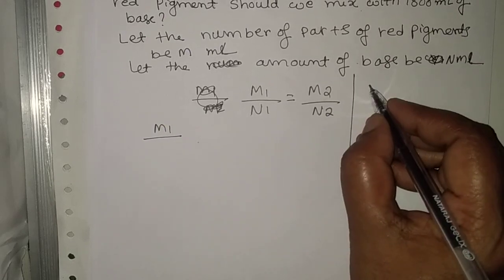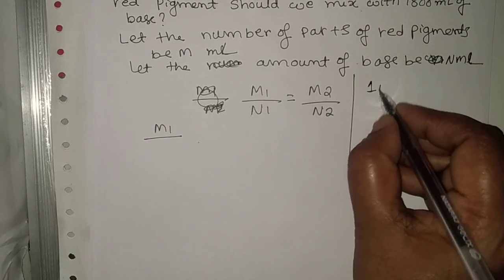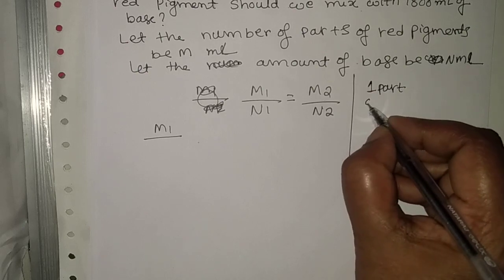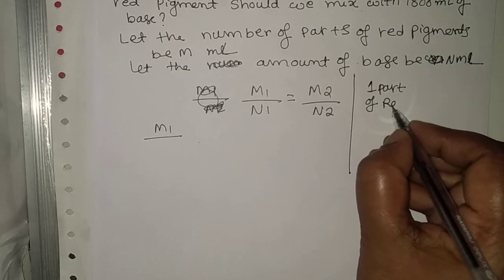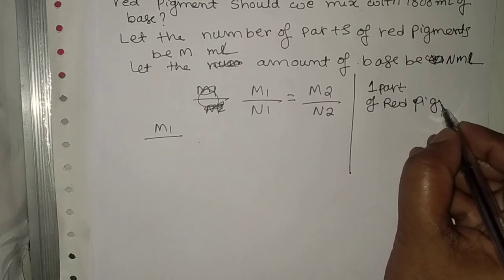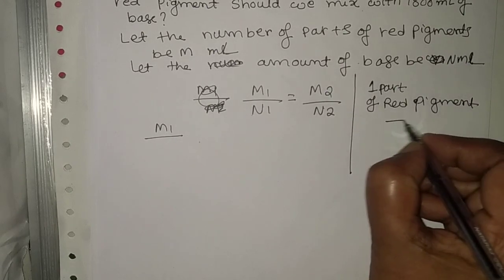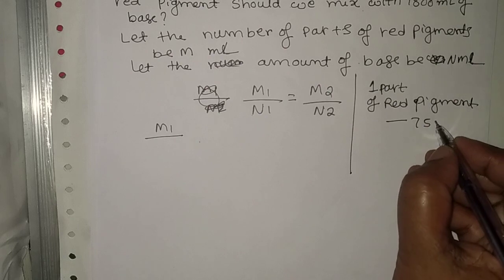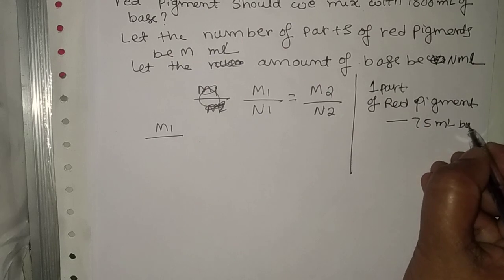Therefore what are the values they have given? First is 1 part of red pigment requires how much? 75 ml base.